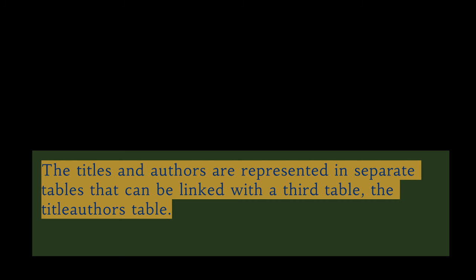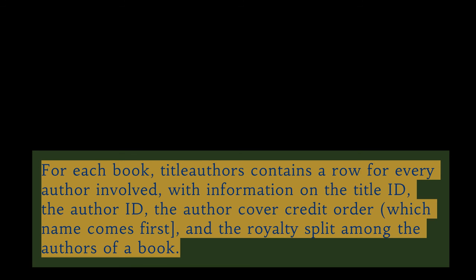The titles and authors are represented in separate tables that can be linked with a third table, the title authors table. For each book, title authors contains a row for every author involved, with information on the title ID, the author ID, the author cover credit order, which name comes first, and the royalty split among the authors of a book.